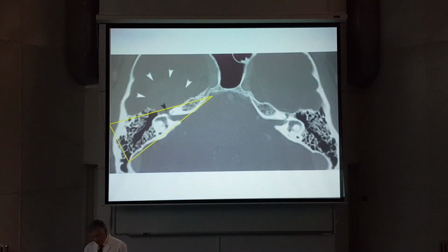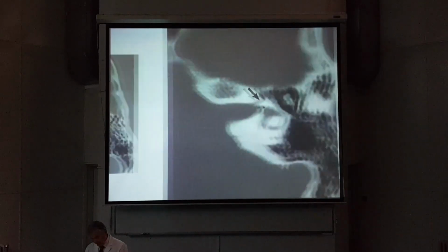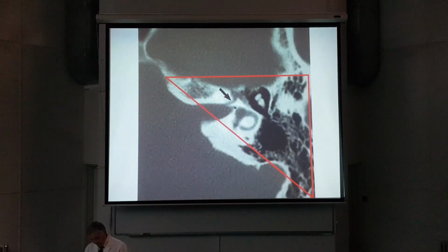Now this is the petrous part of the temporal bone, and this is the internal auditory meatus on both sides. That's the petrous part of the temporal bone. Look at this canal, or this area. This is the facial, and this is the 8th cranial nerve.